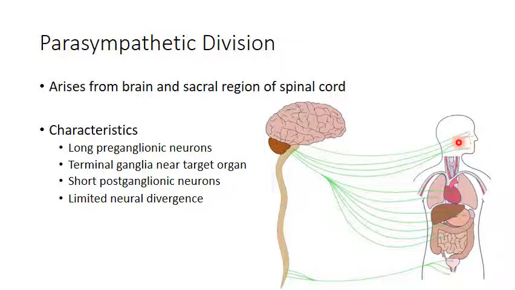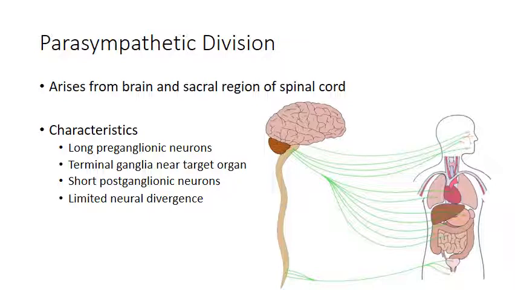In the sympathetic division we have fairly short preganglionic fibers and very long postganglionic fibers. We also know that in the parasympathetic division, we have less neural divergence. Remember, neural divergence is where one preganglionic fiber synapses with multiple postganglionic fibers. We see that to a limited extent in the parasympathetic nervous system, but not to the extent that we see in the sympathetic division.